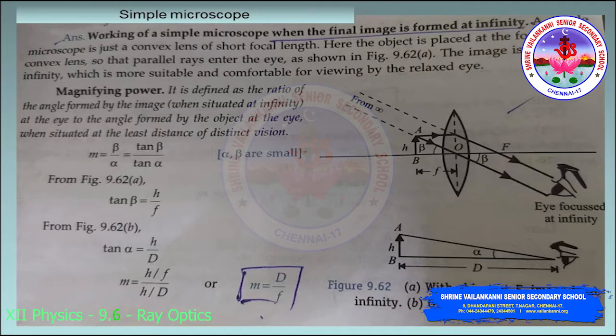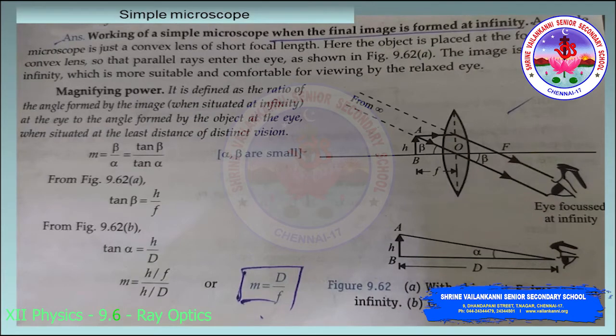So we get parallel rays entering the eye and the image is formed at infinity, right, which is more suitable and comfortable for viewing by the eye. What is magnifying power? As we know very well, it is the angle subtended by the image formed at infinity divided by the angle subtended by the object.